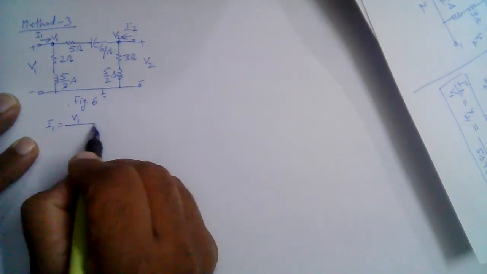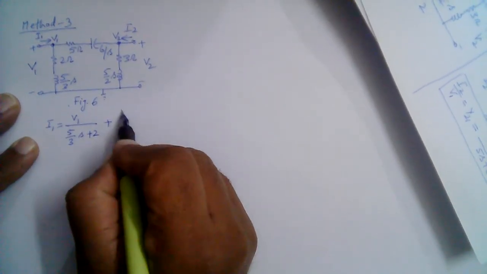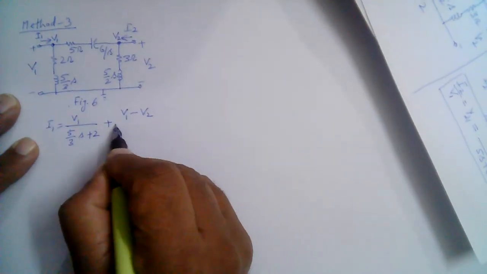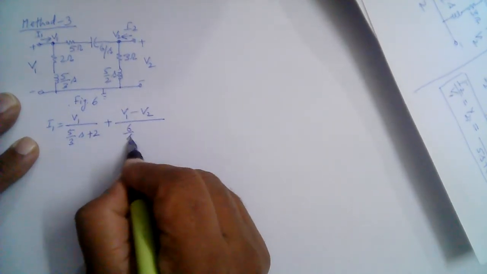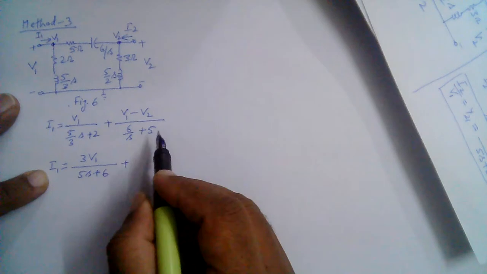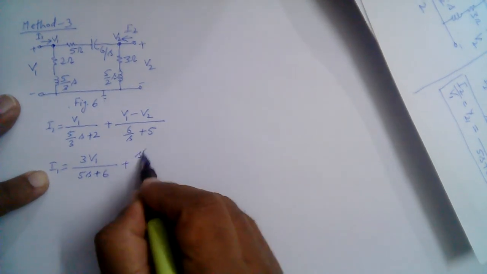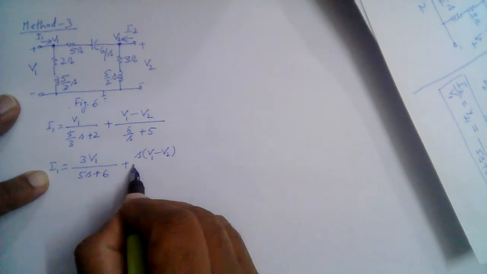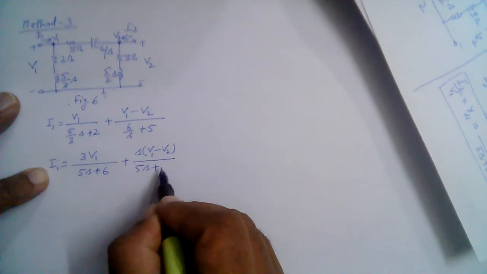So we can write V1 divided by 5 over 3s plus 2, plus V1 minus V2 divided by 6 over s plus 5. So I1 is equal to, we take LCM, so this will become 3V1 divided by 5s plus 6, and then we take s as LCM here, so that is s into V1 minus V2 divided by 5s plus 6.